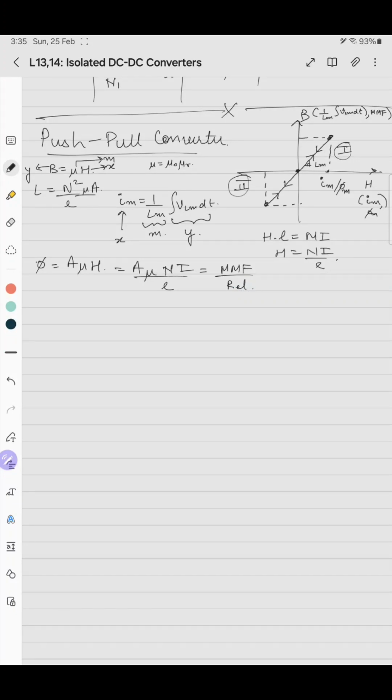Again, this has to be y equals mx. So flux has to be on the y-axis and MMF has to be on the x-axis. Then the slope becomes 1 by reluctance, that is mu A by L, because the slope should have the mu term, and L is directly proportional to mu.